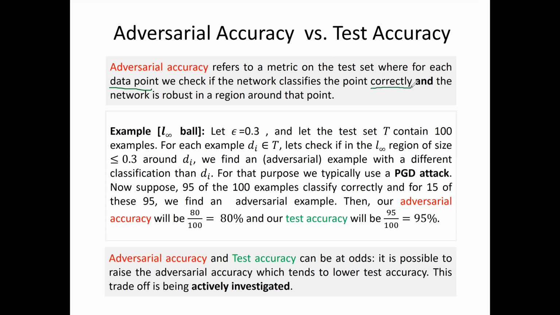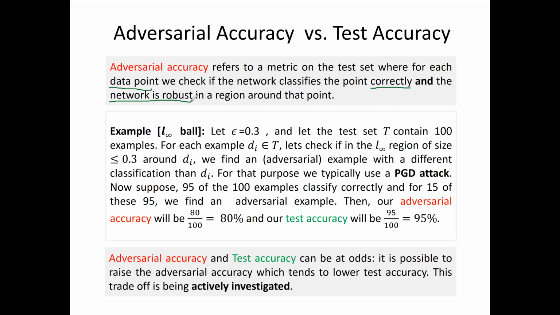So it has to predict the right label for this point, and it also has to be the case that the model is robust in the region around that point that we have designated. So we are interested both in whether the point is classified correctly, and whether the network is robust in a region around the point.